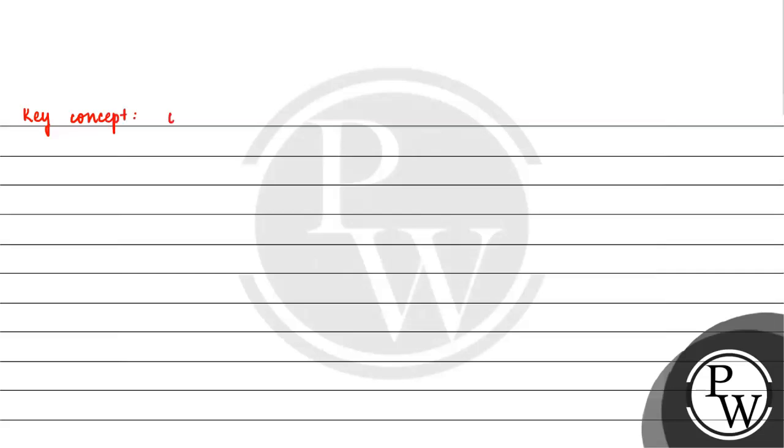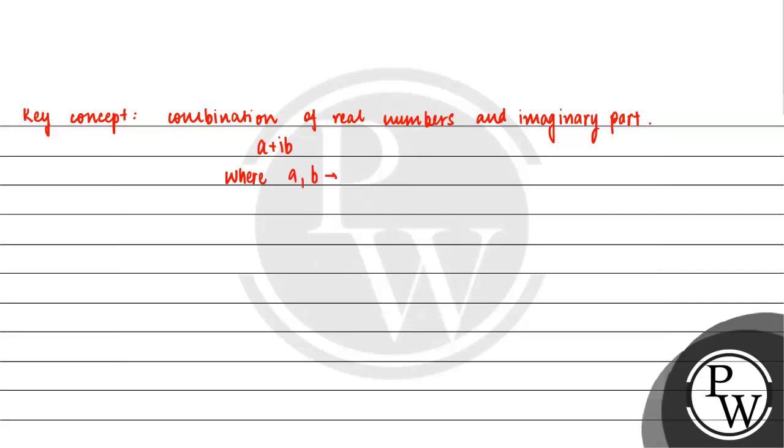So if we define them in layman language, it is the combination of real numbers and their imaginary part. तो अगर हम देखें कि कॉम्प्लेक्स नंबर्स को मैथमेटिकली कैसे लिखा जाता है, तो it is a plus iota b, where a and b are real numbers, and iota over here defines the imaginary part of that number, and the value of iota is under root of -1.